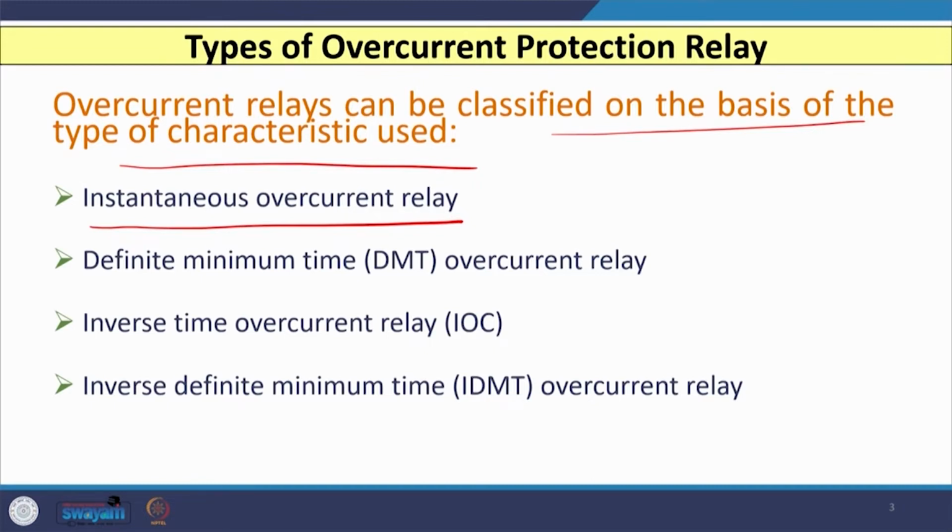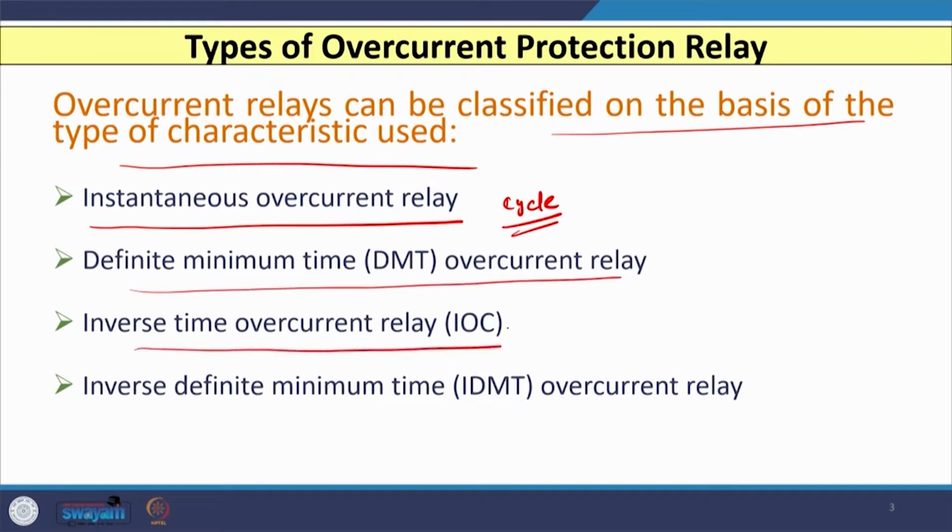However, no such relay exists in the actual field which operates instantaneously. So any relay which operates in, let us say, a cycle is treated as an instantaneous overcurrent relay. The second type of characteristic is the definite minimum time overcurrent relay. The third is the inverse time overcurrent relay, and the fourth is the inverse definite minimum time overcurrent relay.